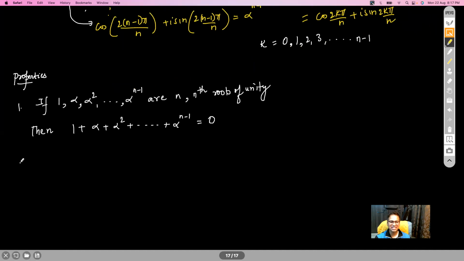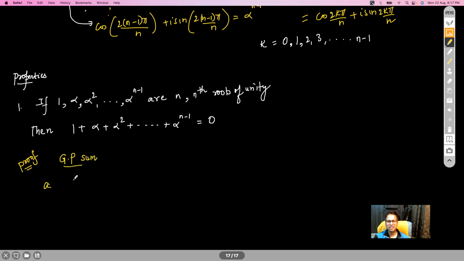For proving this, I need to know the geometric progression sum, which I think many of you are not aware of as of now. Not to worry. So the GP sum formula I'm going to give you here.